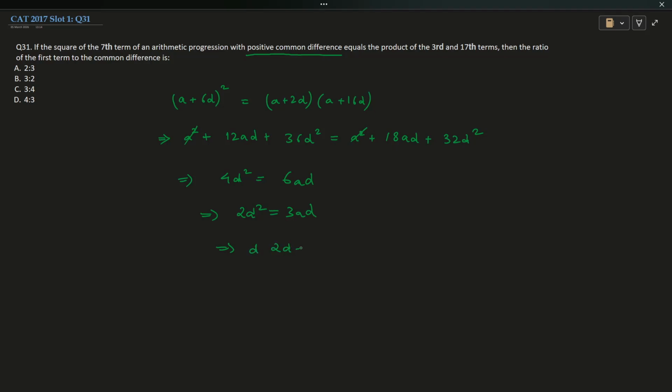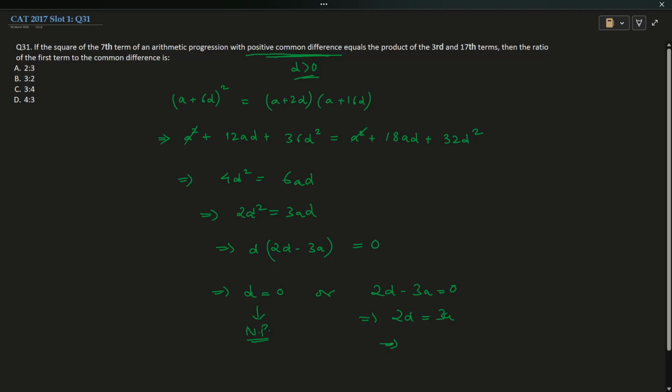I can write d(2d - 3a) = 0. This means either d = 0 or 2d - 3a = 0. This is not possible. Why? Because positive common difference. That means d is greater than 0.